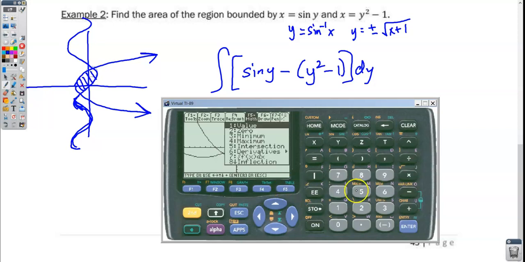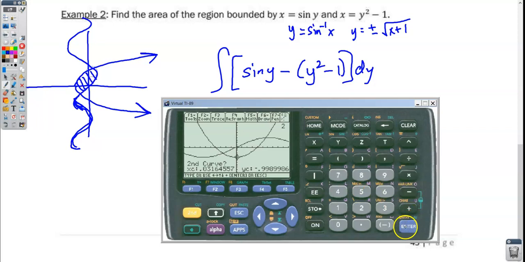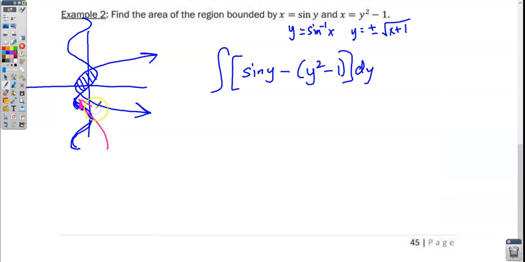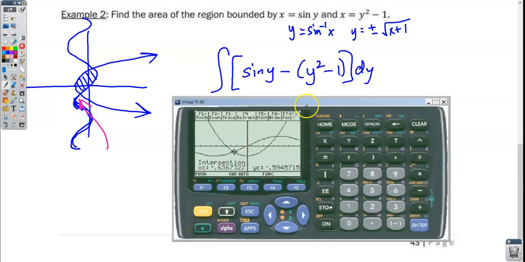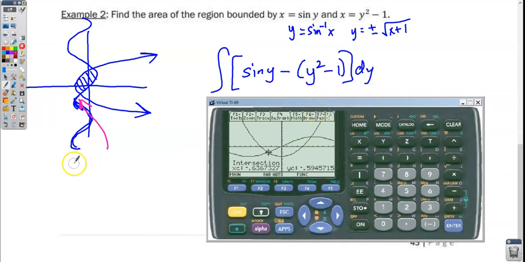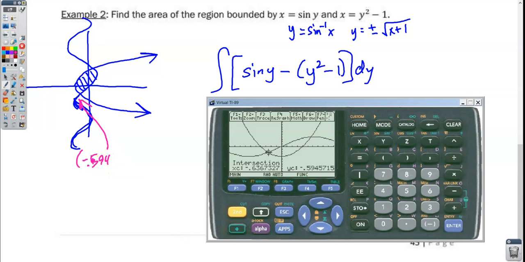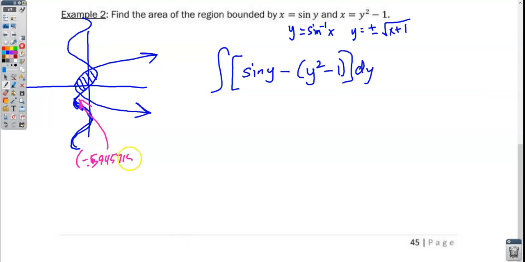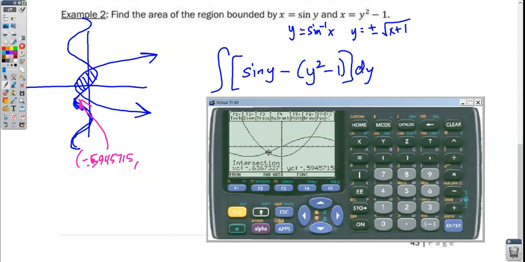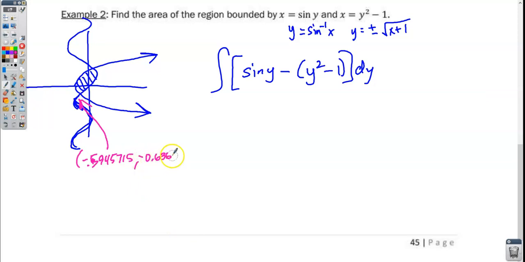So let me go ahead and find these intersection points on this graph. And that means that the intersection points on this graph are flipped from those. So instead of being this, the coordinates of this are negative 0.5945715, negative 0.6367327.